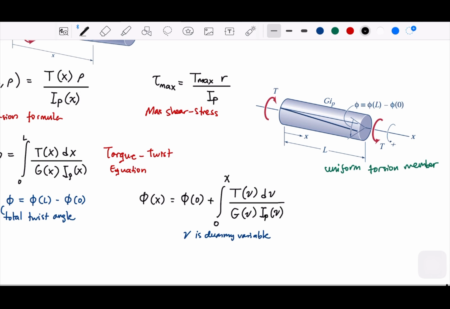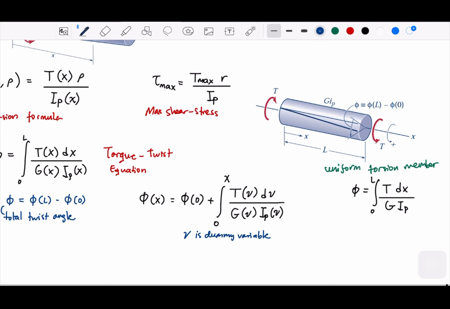So let me rewrite here that the twist angle, as we wrote on the left side, let me write again in a more simplified form, T dx over G and then inertia.